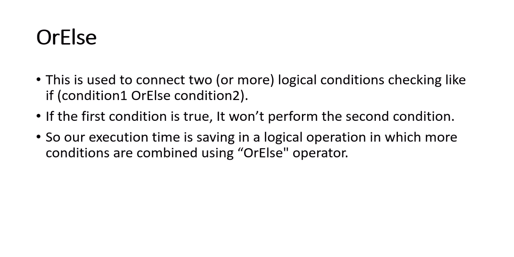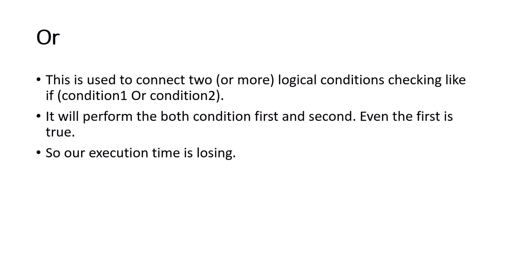So if an IT department employee comes, then we will not go ahead and check the other two conditions, where we are checking two different departments. In those types of scenarios, you can use the OrElse operator. In this also we are saving our execution time, because it will not check all the conditions.